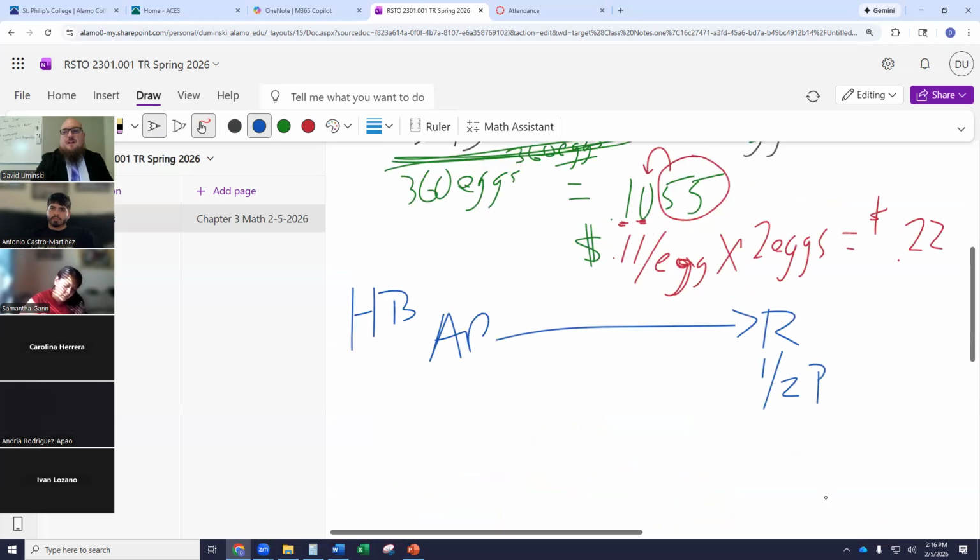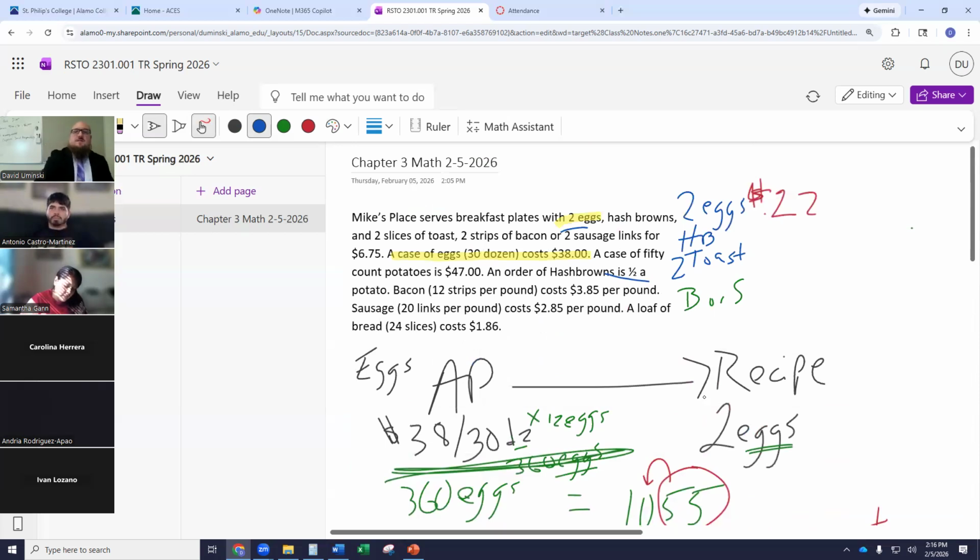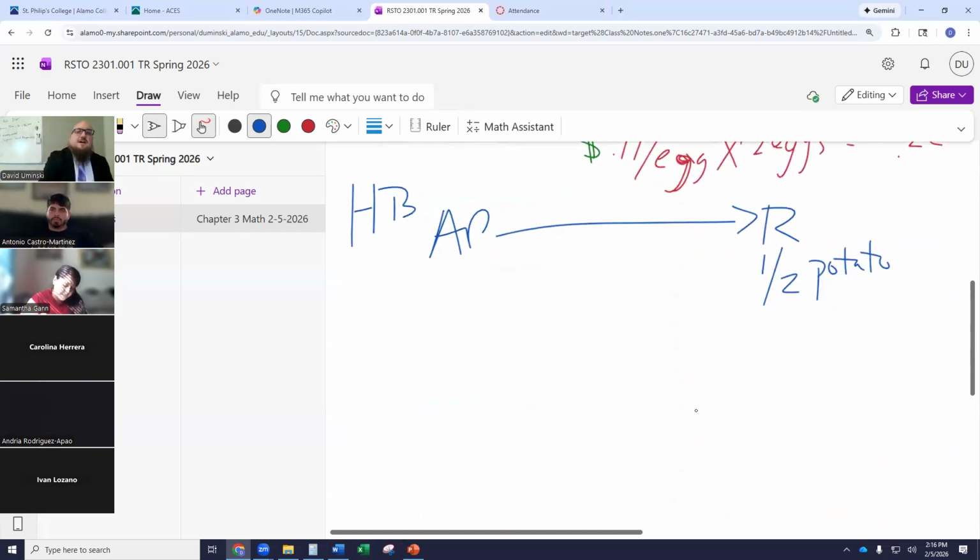And my as purchased is a case of 50 potatoes is $47. So I would say $47 per 50 potatoes.